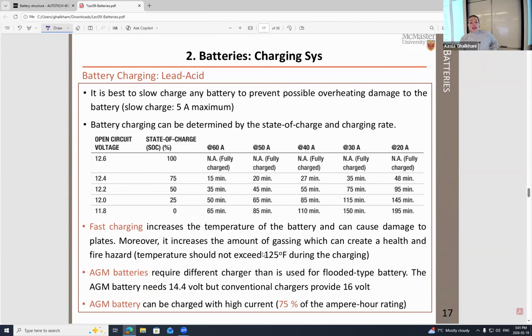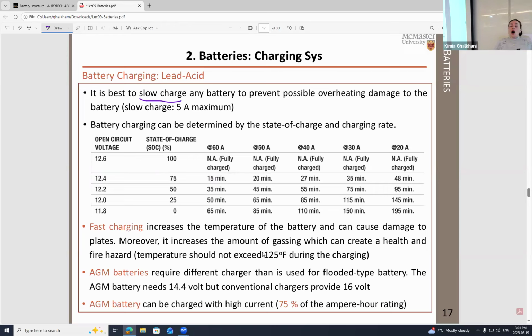Remember, lead acid is not a good choice for electric vehicles. Why is that? Simply because it takes a very long time for the lead acid to be charged. When we are using any battery as a main source for the electric vehicle application, one of the most important factors is that it should be able to tolerate fast charging.